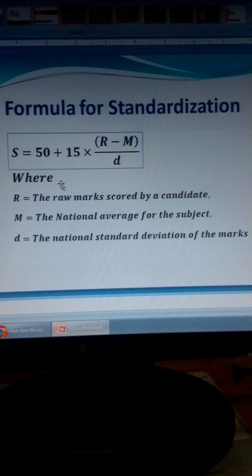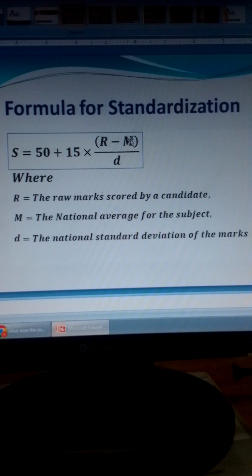This is the formula: S is equal to 50 plus 15 into R minus M over D. S is the standardized score, 50 is the expected mean nationally, and 15 is the standard deviation, and R is the raw marks scored by a candidate in a given subject.